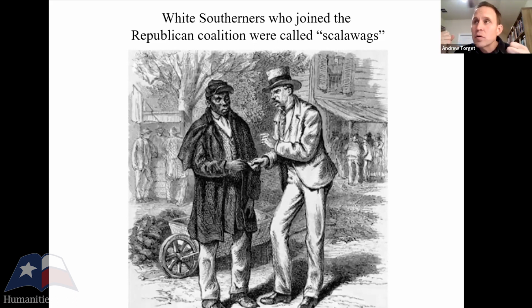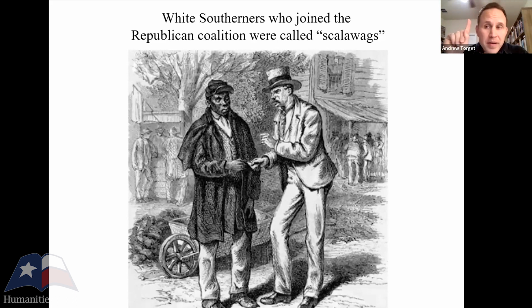Some of these guys were former Unionists who never thought secession was a good idea and resisted. Other guys were just people who saw the writing on the wall and realized that there's a big change happening and they'd rather be on the winning team. But there's a large number of white Texans who joined this Republican Party. I don't want to say a huge number, but of the Republican Party, this is probably one of the biggest groups that there is.